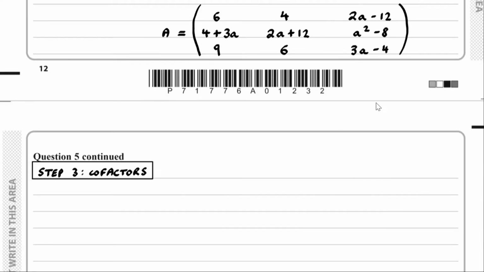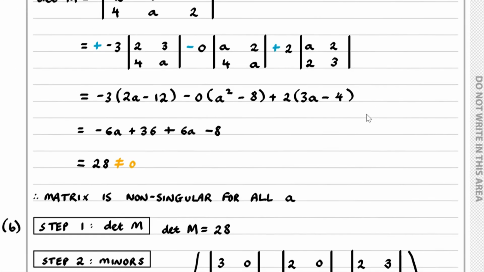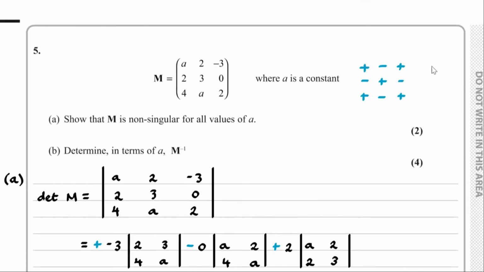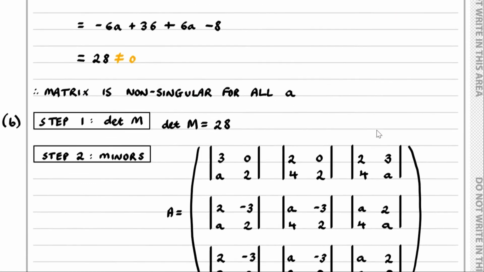And now for our third step, we have to find the matrix of the cofactors. And again, what we need to do here is consider this table of signs.